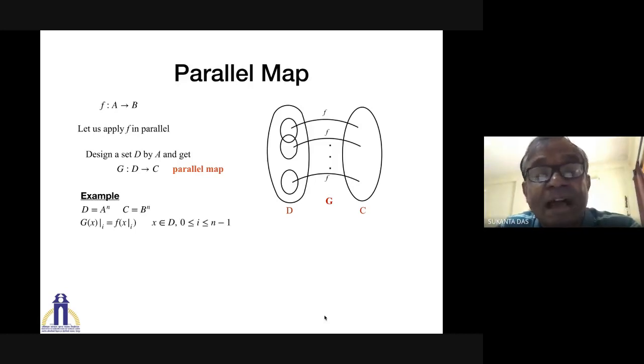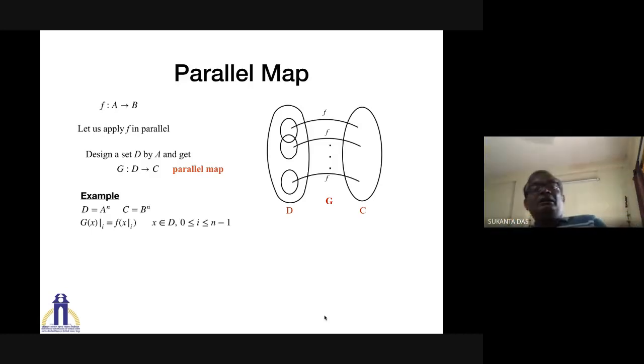The subscript bar means I'm putting a restriction. G of x is an element of C. I'm putting an index i, so i is a value, 1, 2, etc. How do I receive that one? F of x i.